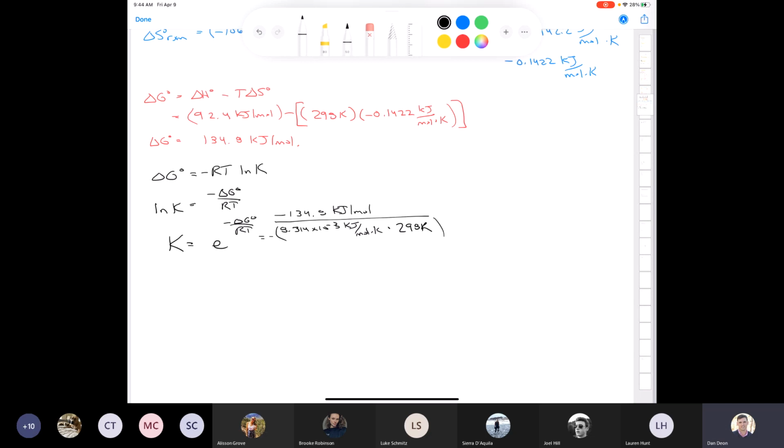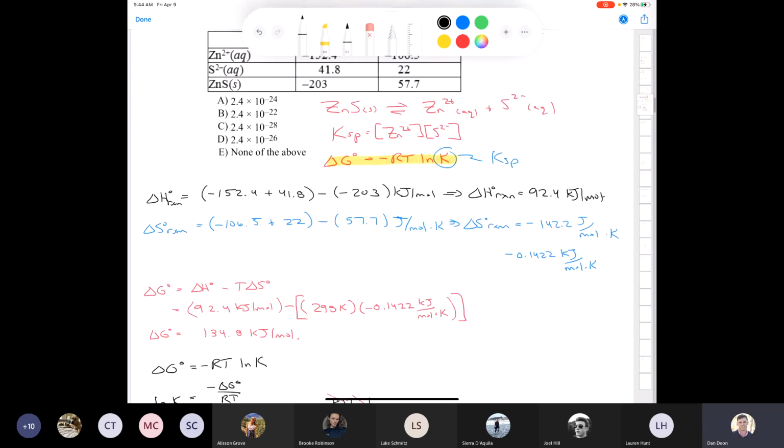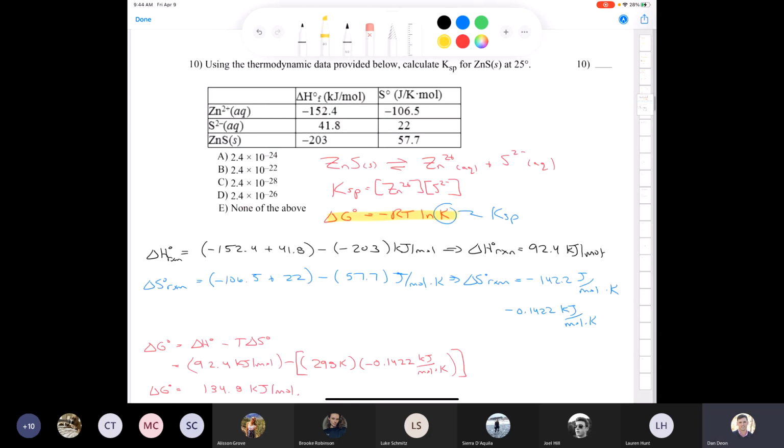You can see that kilojoules cancel, moles cancel, and Kelvin cancel. We end up with K equal to e to the power of negative 54.4, and therefore our K is equal to 2.4 times 10 to the power of negative 24. So we have A.